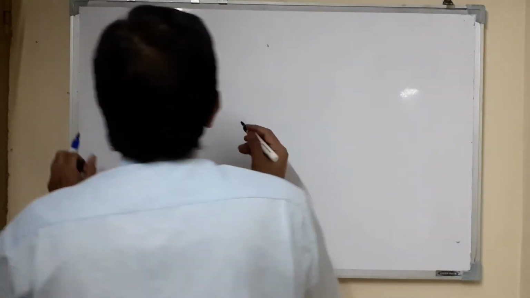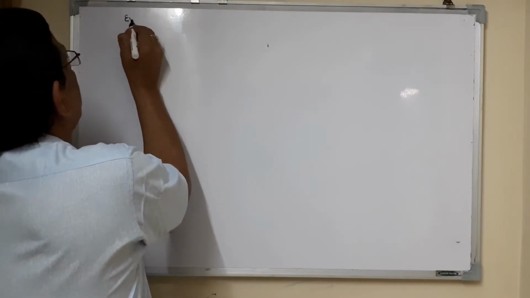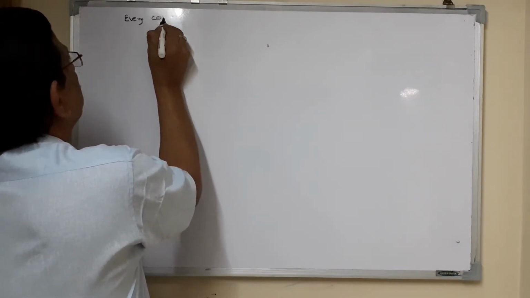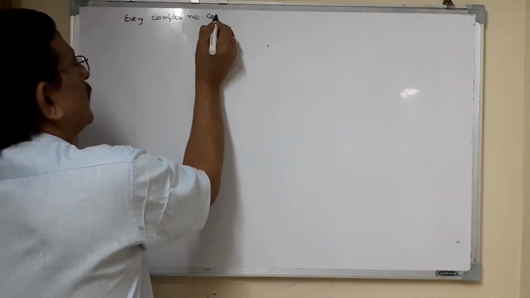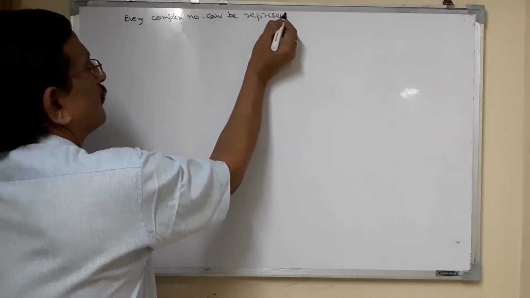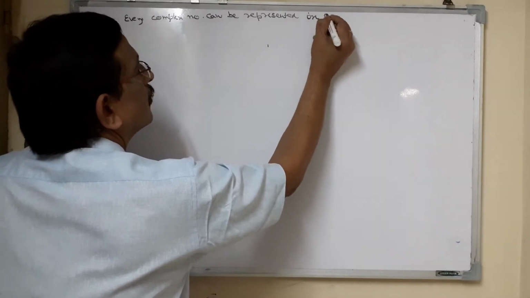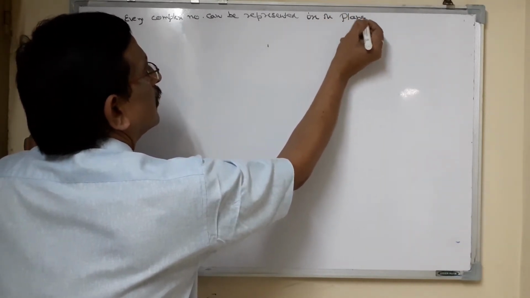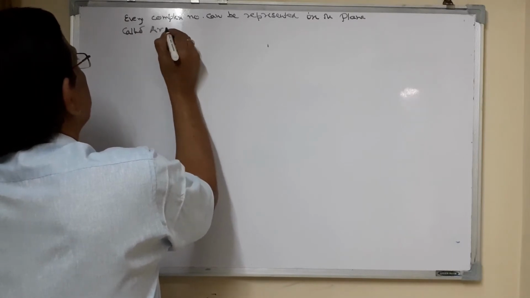If you see this, every complex number can be represented in a plane, called the Argand plane.